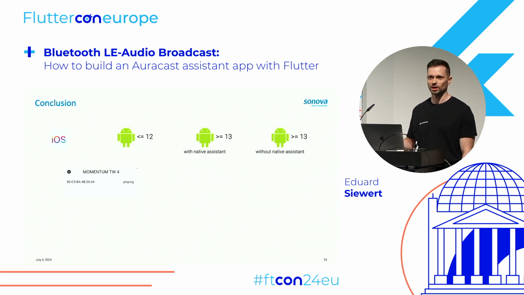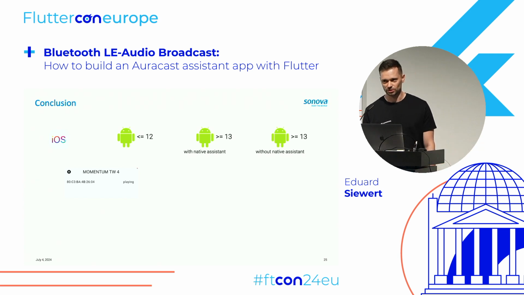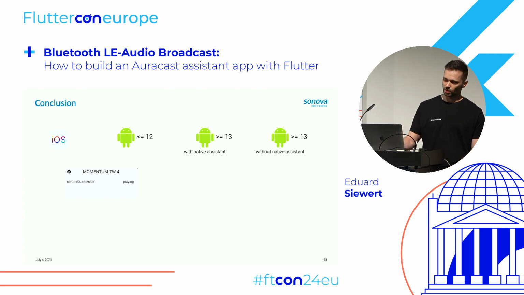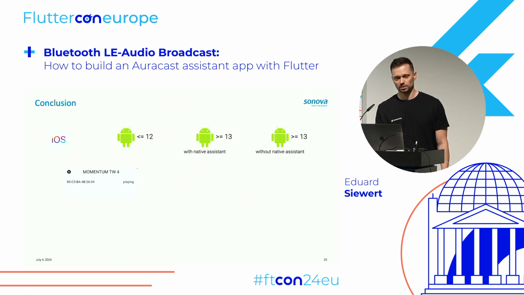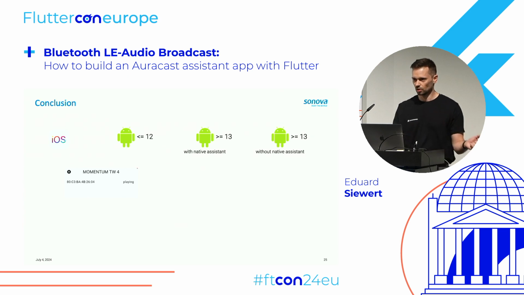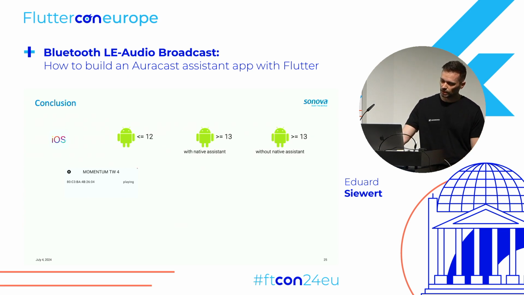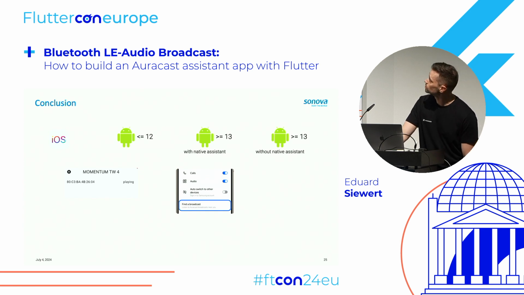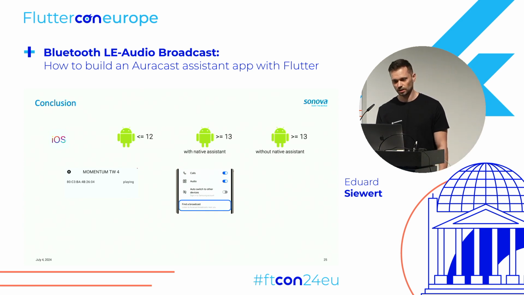You can use our nice little application and run it on your phone. If you have an Android phone running Android 13 or newer with the native assistant, where it's already implemented natively on the operating system level, then you're still lucky. You can just use the native assistant.